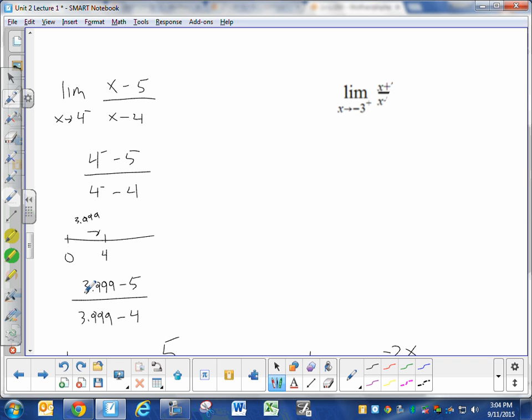I know 4 is bigger, so I know this is going to be approaching a small negative value. But here, am I talking about negative 1.001 or negative 0.999? The great thing is that it doesn't matter for this other value other than 0. I can just put down negative 1 and not care about this or that.